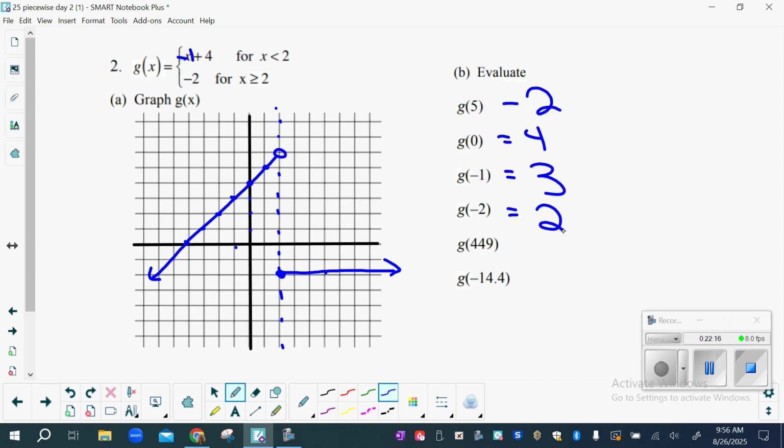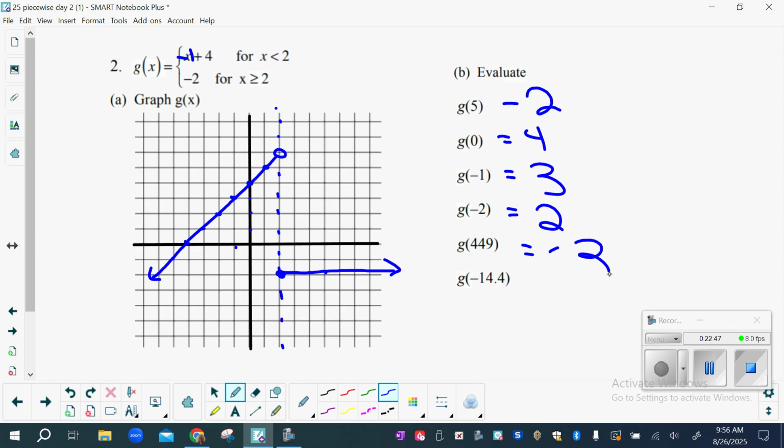Here's what happens now. We're going to come off the graph. As long as I know the pattern, that's not hard. I'm just knowing that's down here. It's going to be -2. Now the last one we want to talk about: on this one, it's x plus 4, so it's whatever I plug in here plus 4.